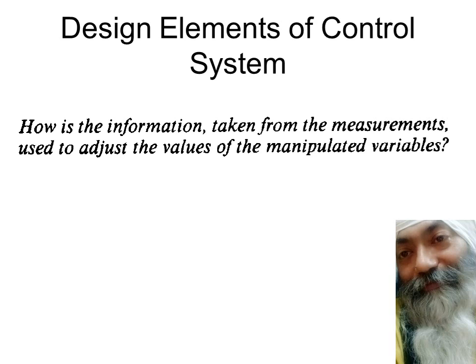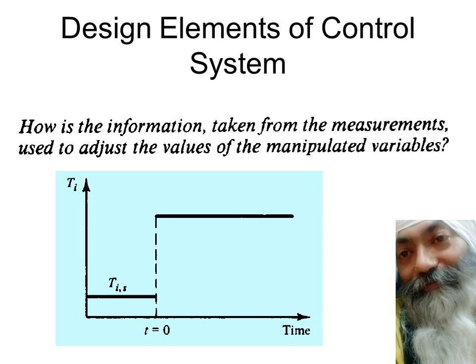again we have a continuously stirred tank reactor, or we have the heater, whichever of the two you want to see. And what we see is that the inflow temperature increases. The inflow, whatsoever is the reactant or the feed going in, its temperature suddenly increases at t equals 0. Let us say it becomes 40 degrees from 30 degrees.